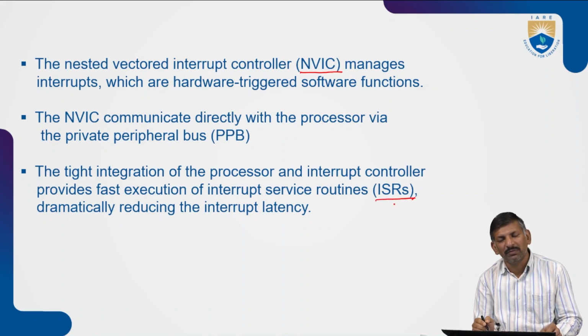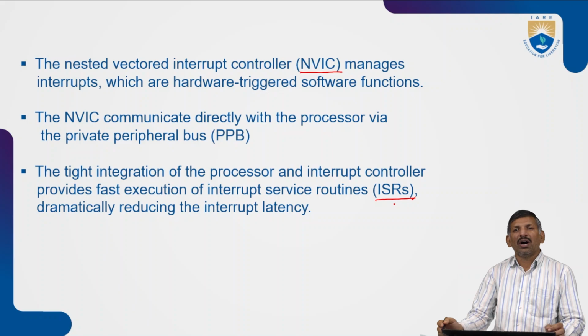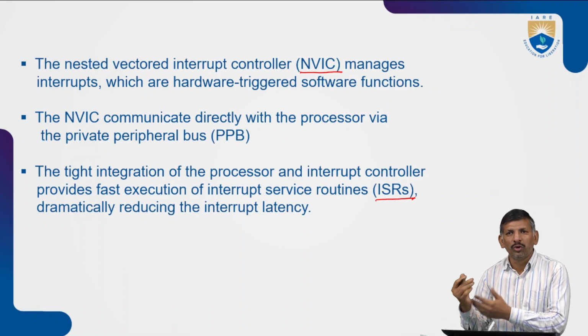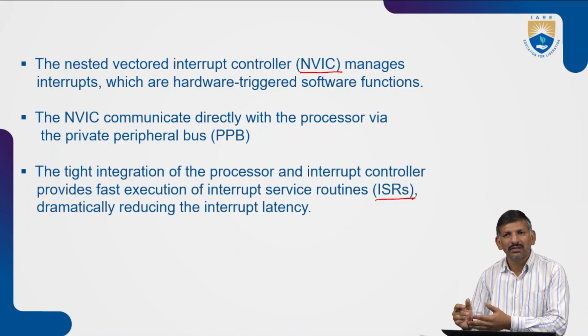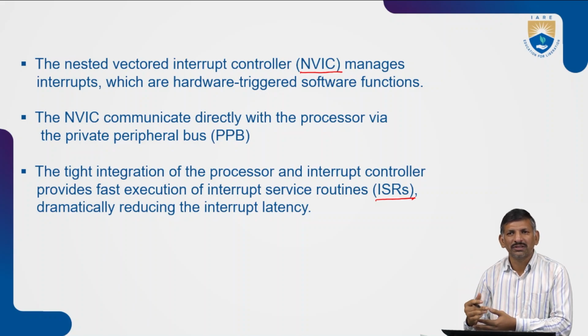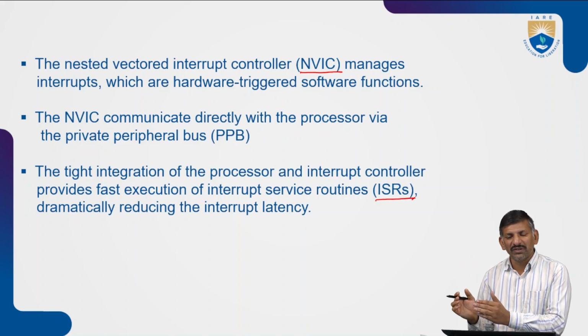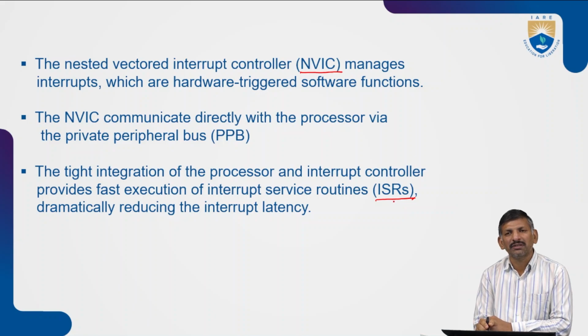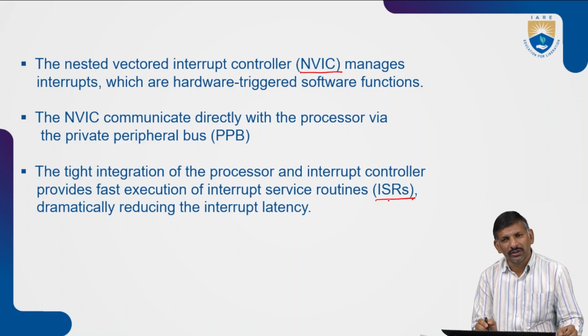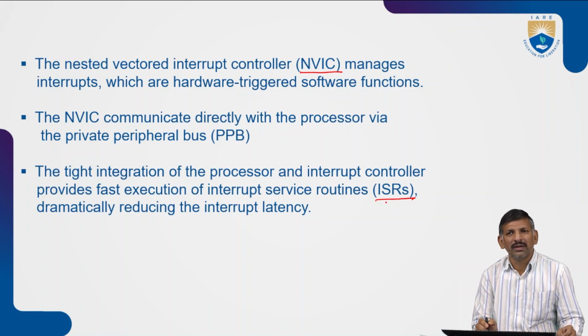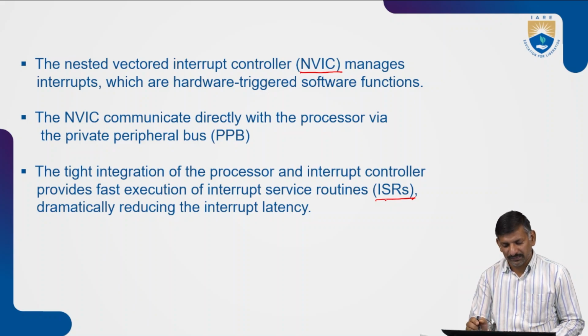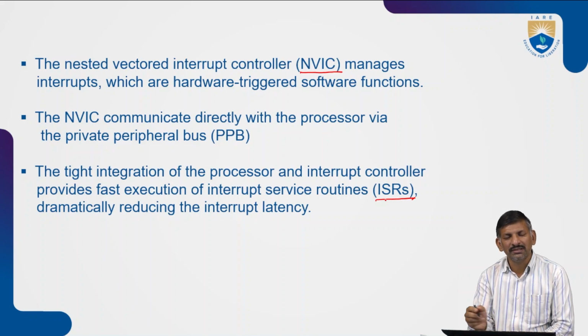An interrupt service routine is what the processor does after an interrupt occurs, defined in the form of instructions; that group of instructions we call an interrupt service routine. So we can avoid the delay in executing interrupts and meet the deadline within the time by using this nested vector interrupt controller.